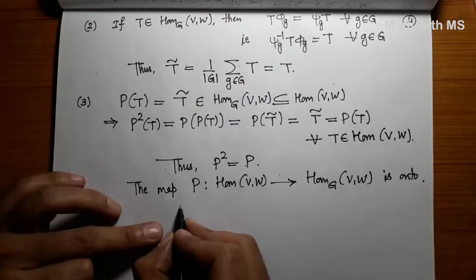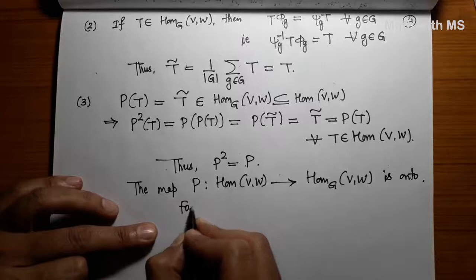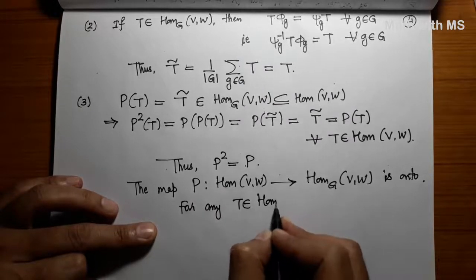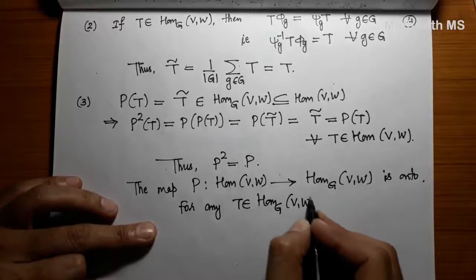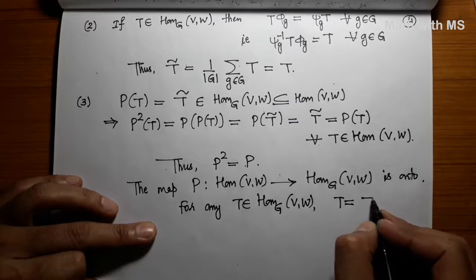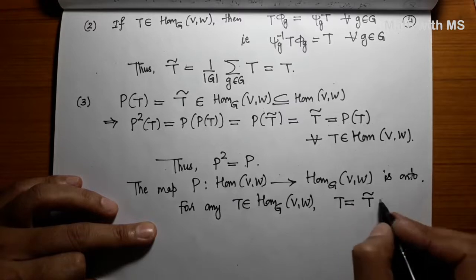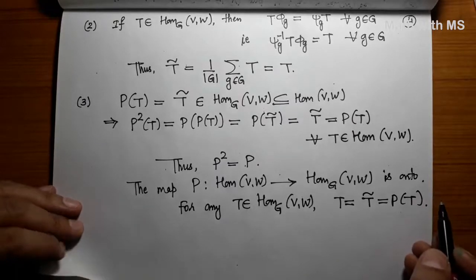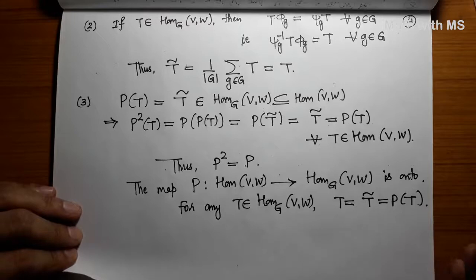So for any T in Hom_G(V,W), T is just the same as T tilde, which is the same as P of T, right? So therefore it's surjective. So this proves the proposition. It has some interesting consequences which are going to be useful in proving the Schur's orthogonality relations.